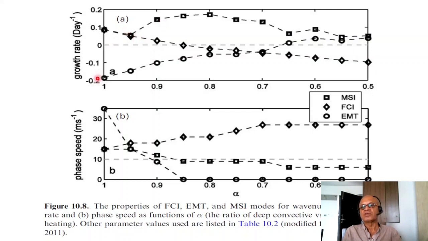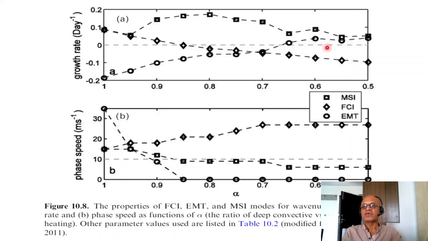So the eddy momentum transfer itself begins to dominate when the convective heating becomes almost equal to, so you are going here from 1 to 0.5. So at 0.5 the deep convective heating is half of the total condensation heating, so 1 divided by 2.